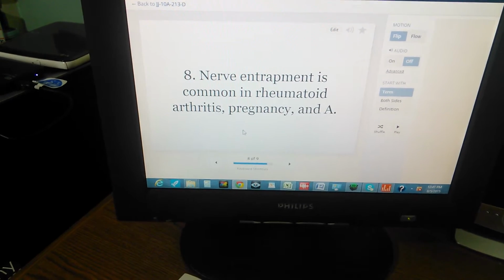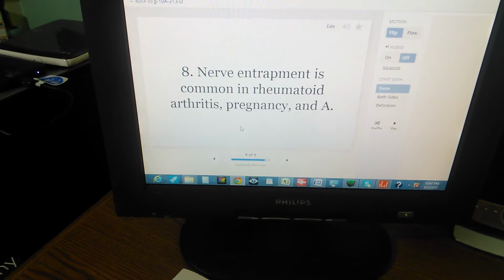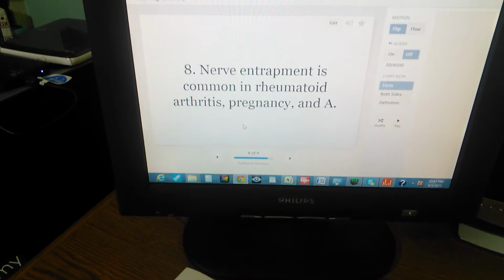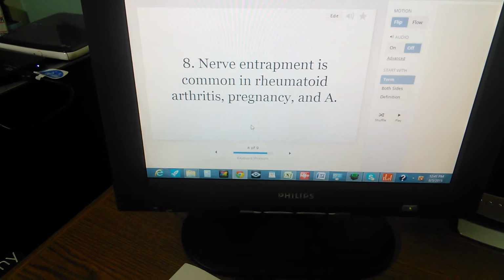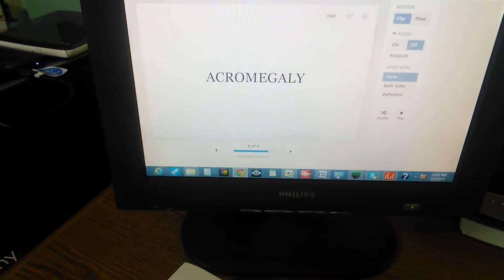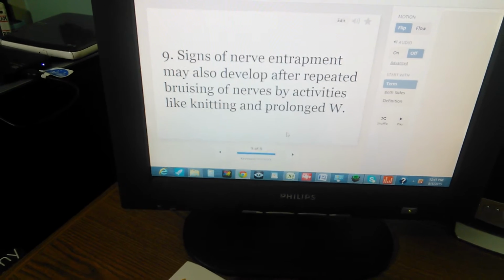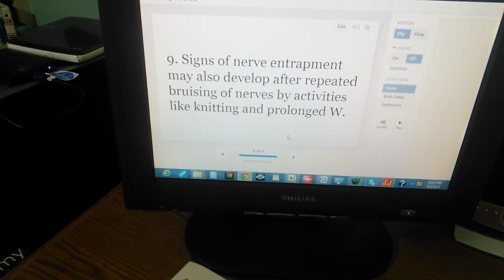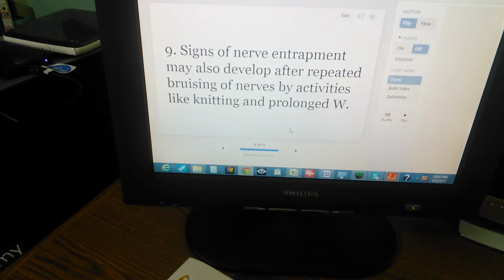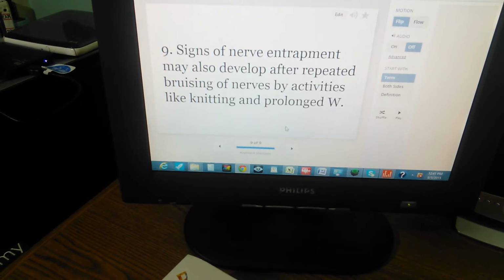Nerve entrapment is common in rheumatoid arthritis, pregnancy, and A. Acromegaly. 9. Signs of nerve entrapment may also develop after repeated bruising of nerves by activities like knitting and prolonged W.